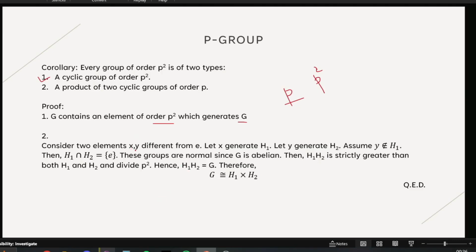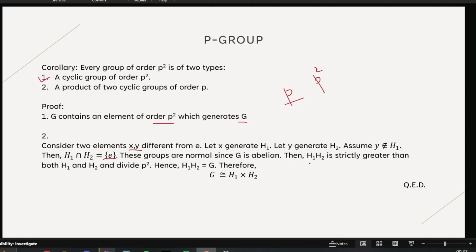So we will take two elements x and y. We assume that x generates a subgroup H1 and y generates H2, and that y is not generated by x, so y does not belong to H1. When we take that, their intersection will only give us the identity. Since G is of order P square, G is abelian, so these groups are normal.